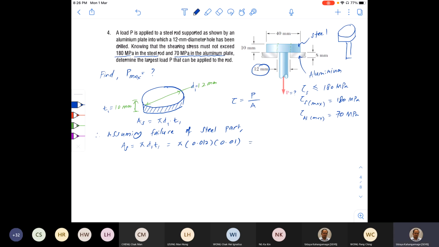We can do the calculation. I got this answer. In fact, you don't need to simplify here.